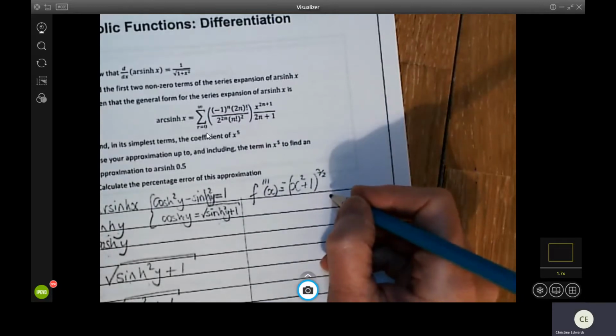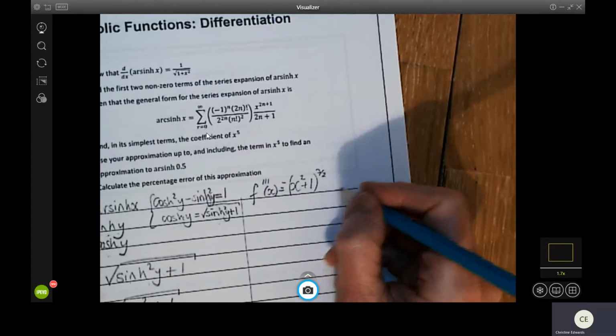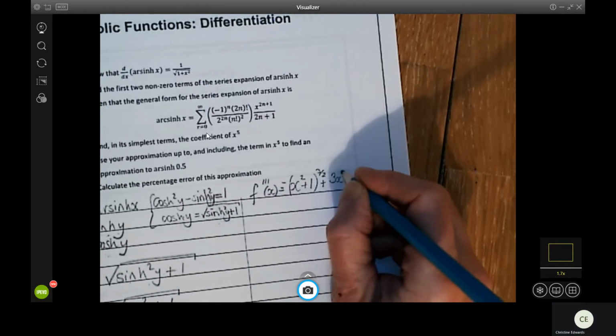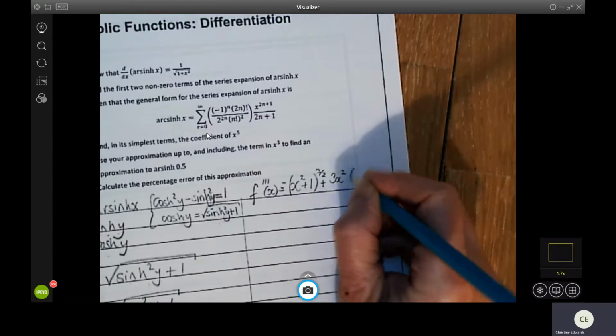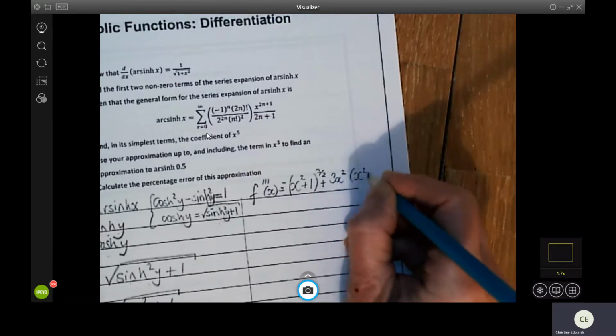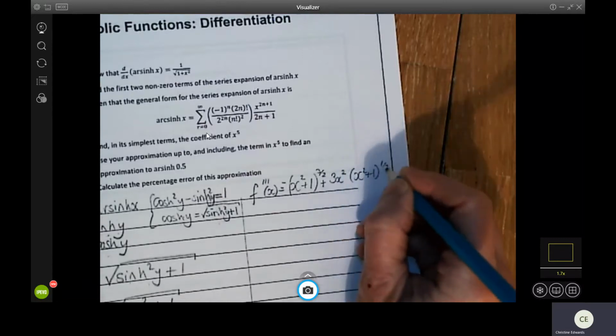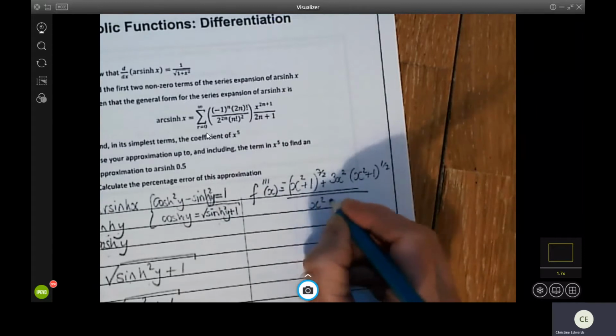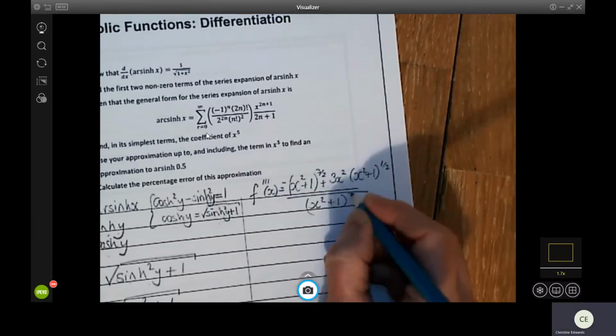And then we have 3x squared times the x squared plus 1 to the half, all over x squared plus 1 cubed.